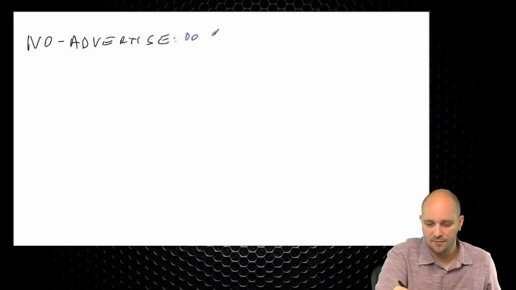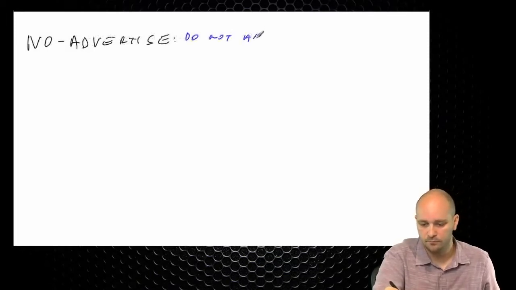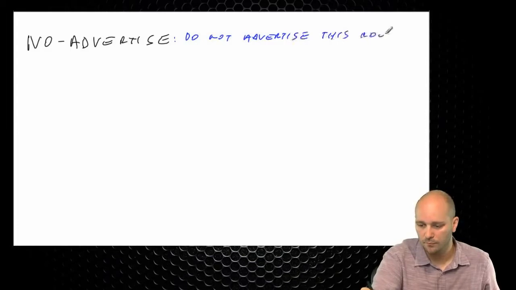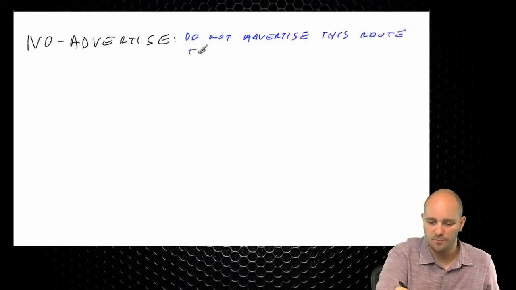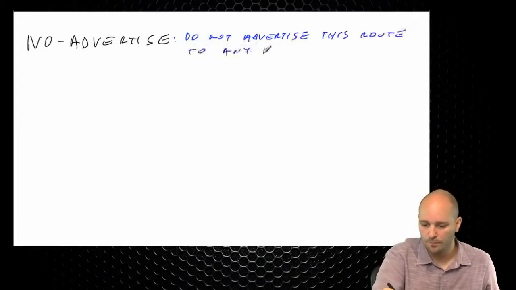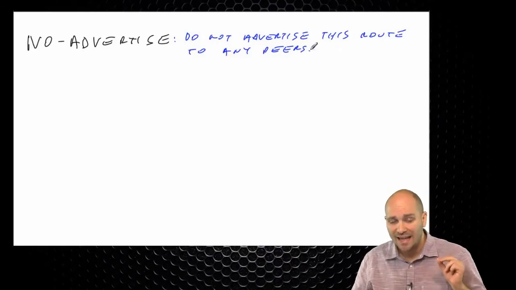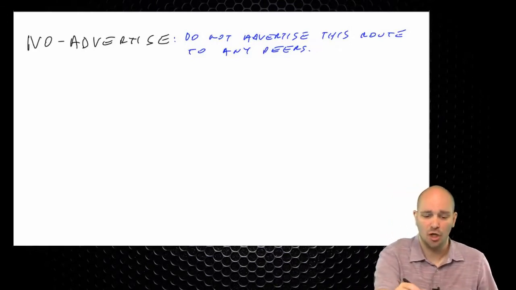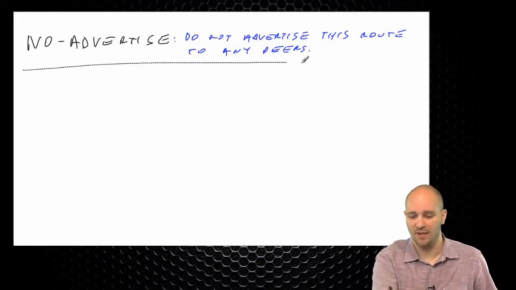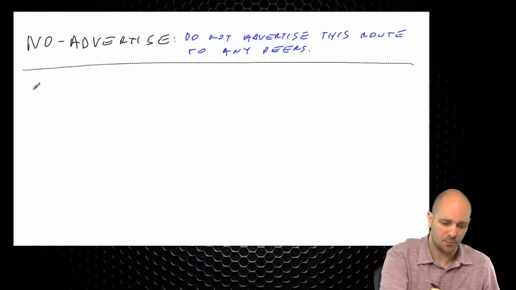Do not advertise this route to any peers. So if the router has the route in its BGP table that has the no-advertise community, it will not advertise this route to any peers. That's a simple one.